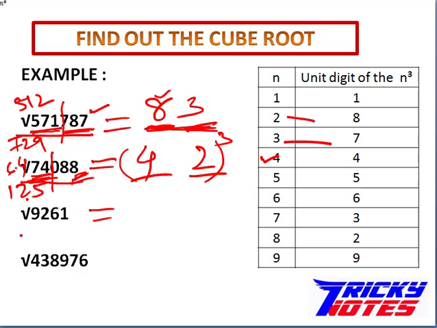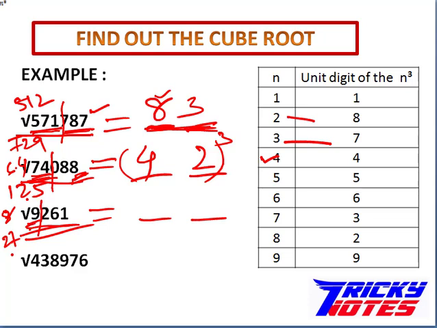Let's move on to one more example. Now you try to solve this example. It's a small value, so easily people can find out. Again we will have two numbers. This is 9261. I am putting a slash here. 261 will be one side, 9 will be the other side. Now you tell me, this number will come in between? Yes. See, the cube of 2 is 8, the cube of 3 is 27.